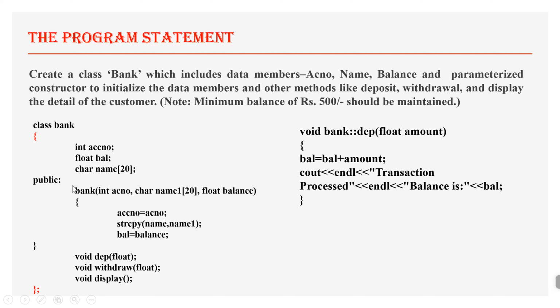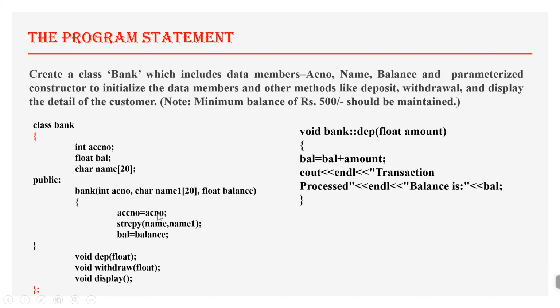Now here I am using a parameterized constructor. Account number is of integer type, name one is of string, balance is of float. Whatever I read over here, I will pass it to account number. Please remember, this is different, this is different.